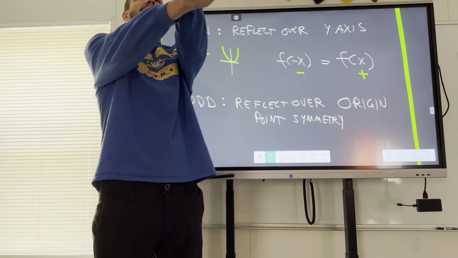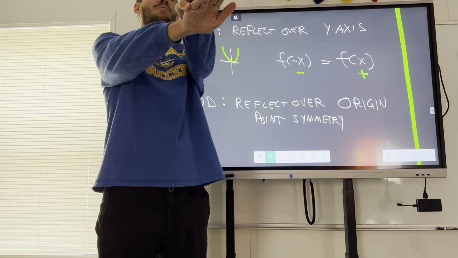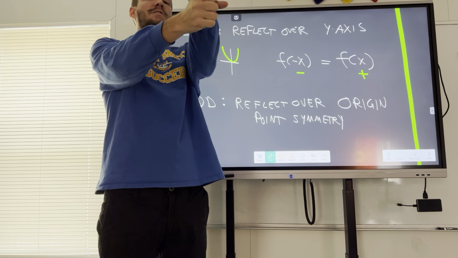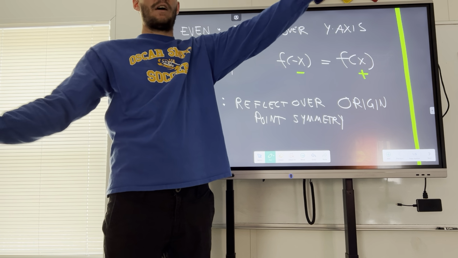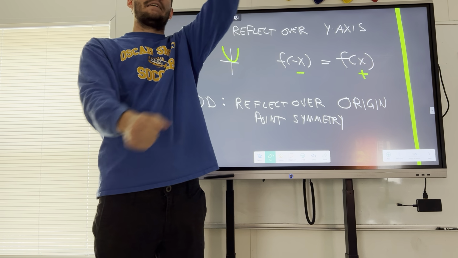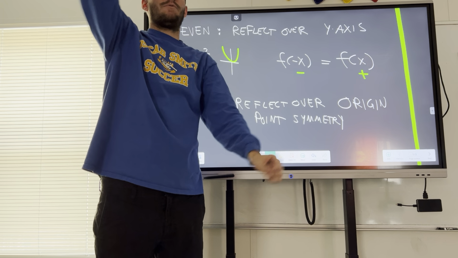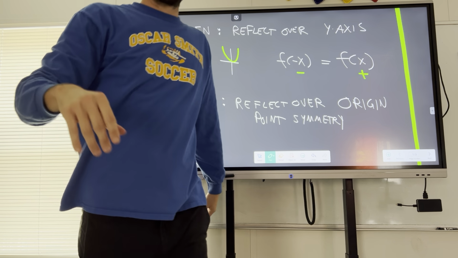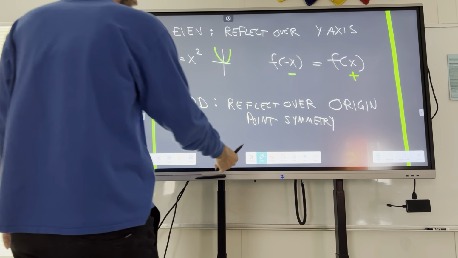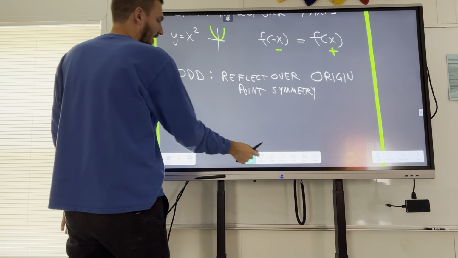And so if you do it with your hands, whatever direction your one hand goes, the other one has to go opposite. So if this hand goes up and left, this hand would have to go down and right. And so you have to make essentially this spiral shape where they break out from this point and they move in kind of a spiral. So point symmetry is very weird to conceptualize.